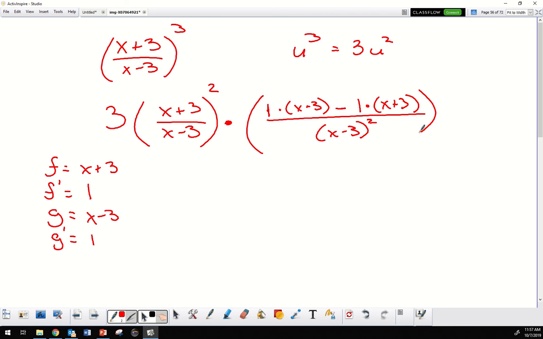Okay, so on the top, I would clean it up. Technically, this is all correct, but I would clean this up because it might do something special. It's going to be 3 times the quantity x plus 3 over x minus 3 squared, times x minus 3, and since we're distributing, it's a minus x and a minus 3.